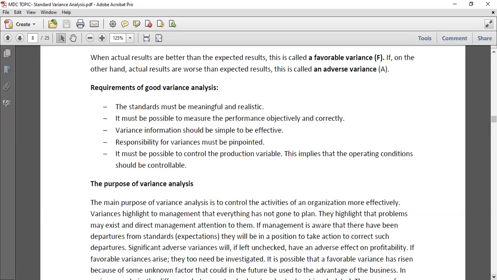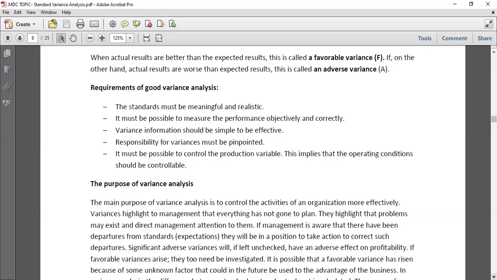Variance analysis should also be able to tell us why the variance occurred, basically the responsibility for the variances. And then it must be possible for us to control the production variable.